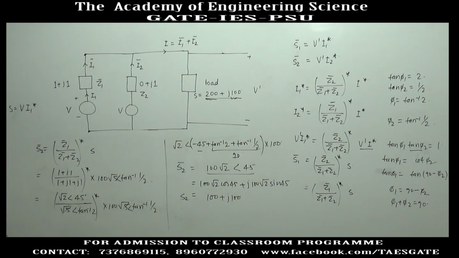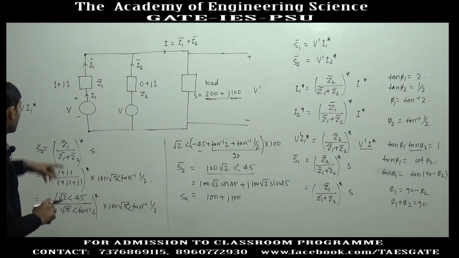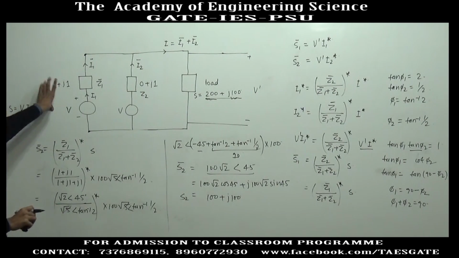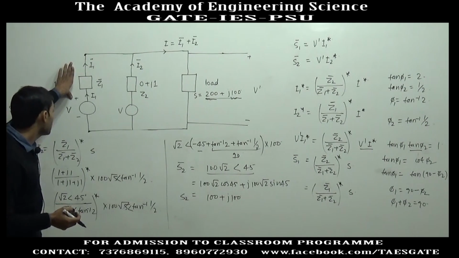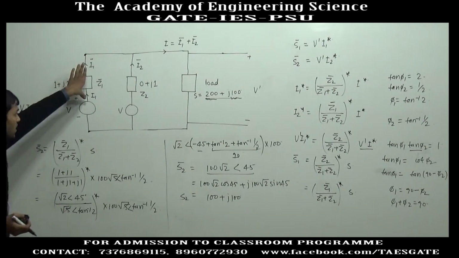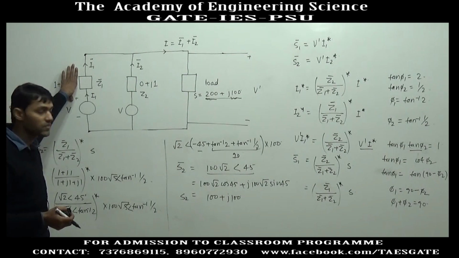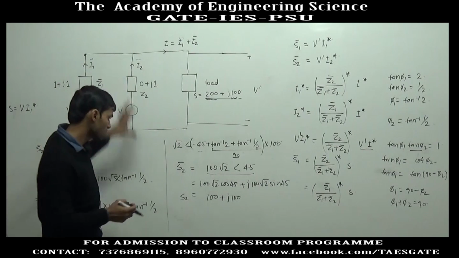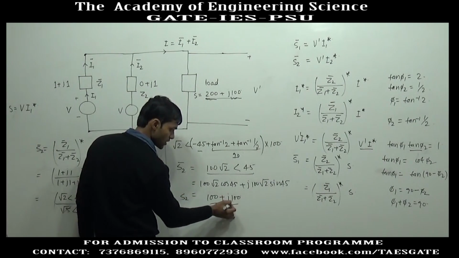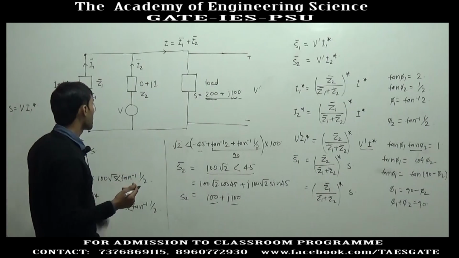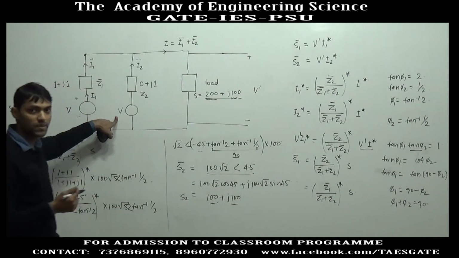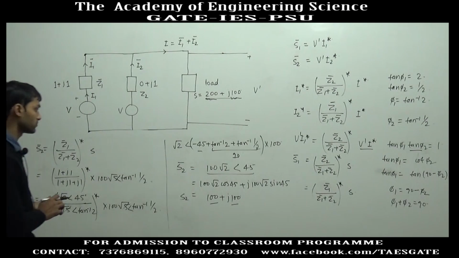If we talk about power factor, since generator 1 is contributing only active power, the reactive power supplied by generator 1 is 0. So, generator 1 will share power at unity power factor, and in this case generator 2 shares equal active and reactive power. So, the power factor at which generator 2 is operating will be 1 by root 2.